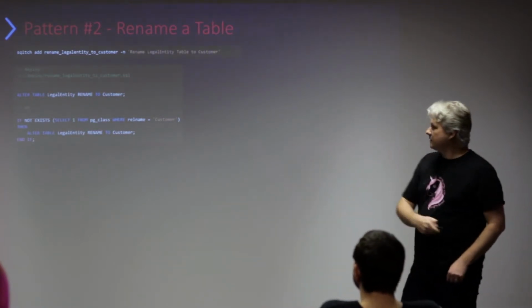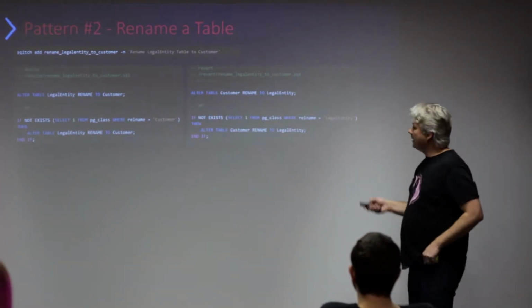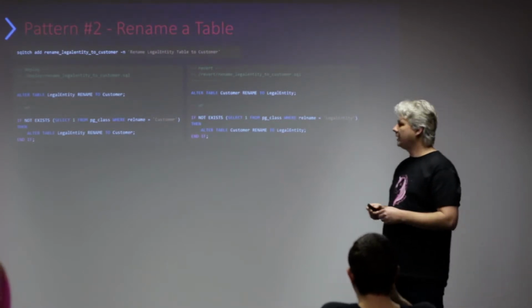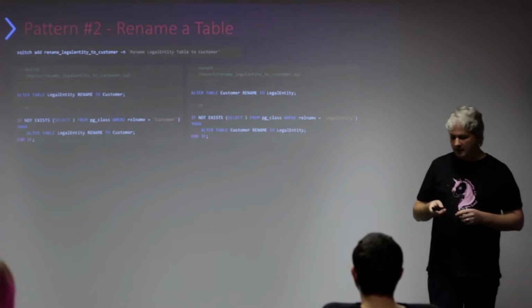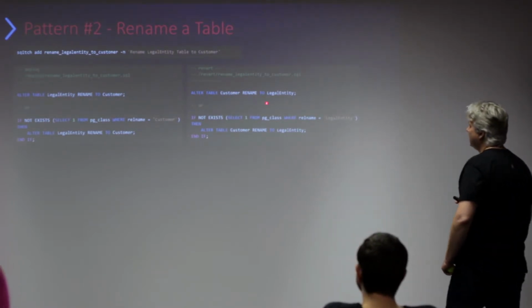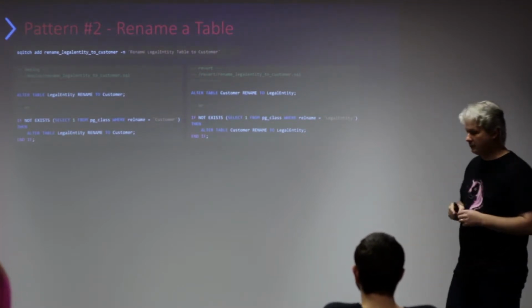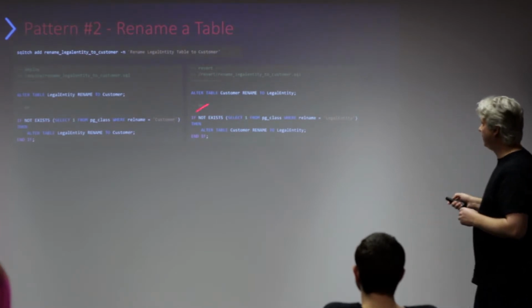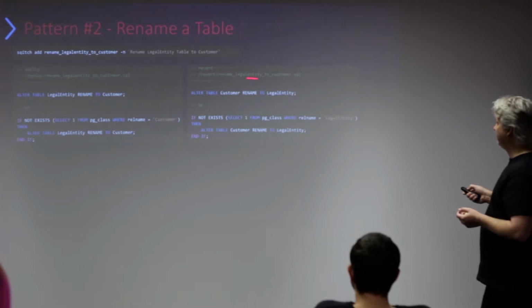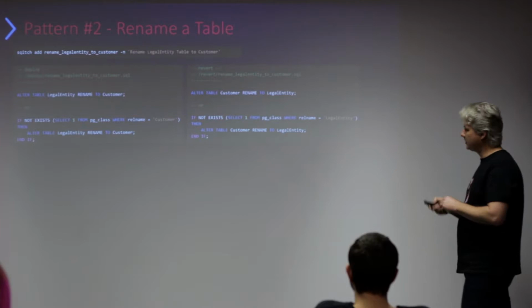All right, Switch also creates an entry here for revert. Right, so this is to undo the change that I potentially could have done. And you can see alter customer name, rename to legal entity. So that's to do the reverse of what you've done, and we do an idempotent version of that. So you can do either one, and we put it inside this file named rename legal entity customer inside the revert directory.